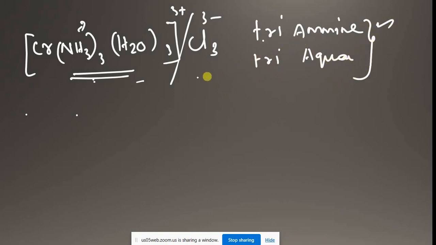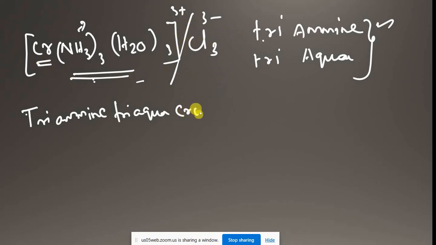Amine should be written first. So the name will be triamine, triaqua, and then here, what is this? Chromium. This is a positive charged complex, so we can write the name of the chromium as it is. Now, what is the oxidation state of chromium here?